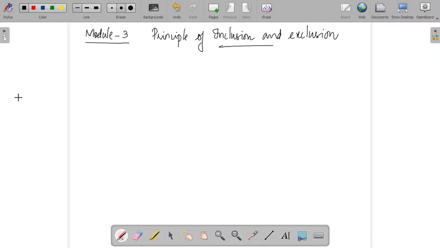Initially when we started the course, we have seen the addition principle.